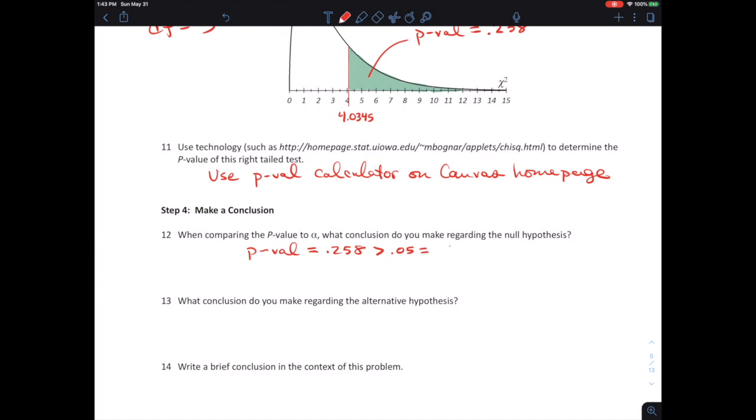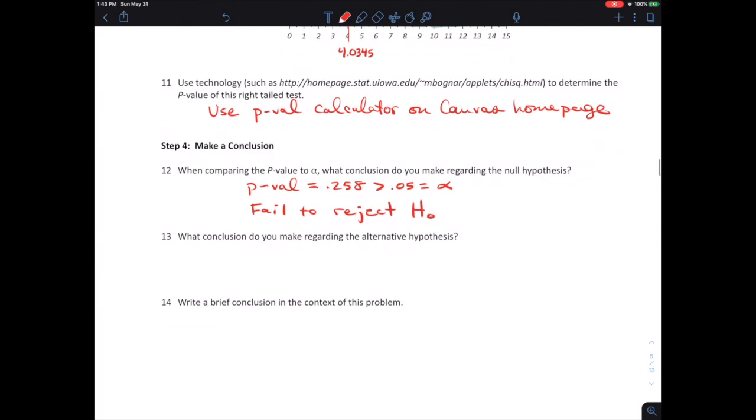That's our alpha. So if it's bigger, we fail to reject the null hypothesis. And that means we can't support the alternative that those proportions are not all 25%.